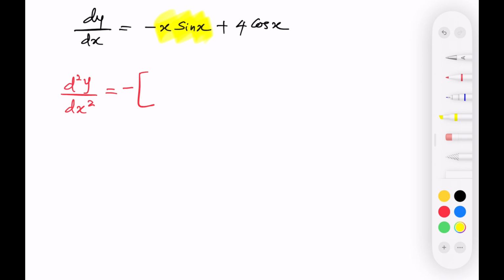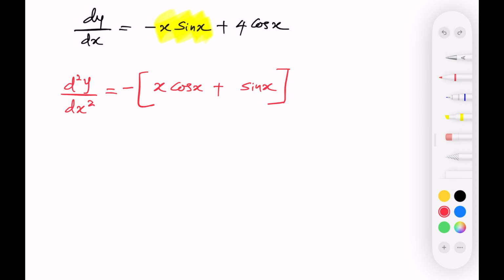When I apply the product rule and differentiate it, it's going to be x times the derivative of sine x, which is cosine x, plus sine x times the derivative of x, which is equal to 1. Sine x times 1 is just sine x, therefore I will just not write 1. Close brackets.